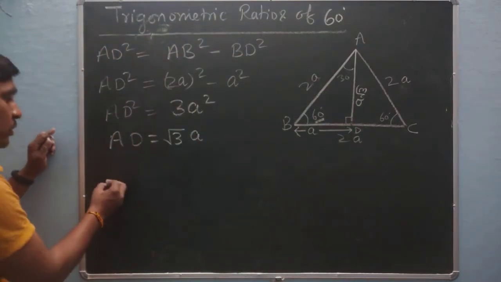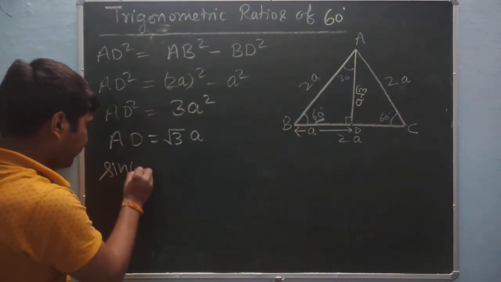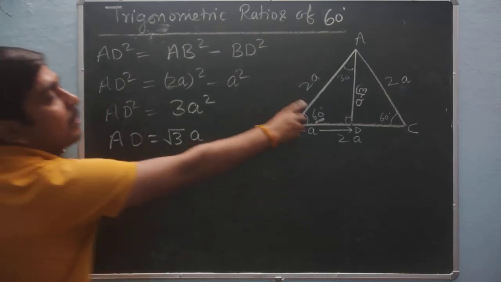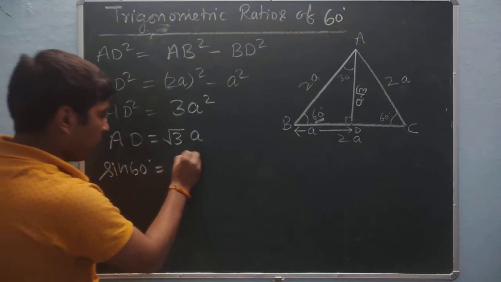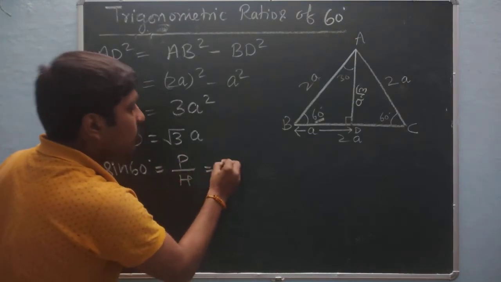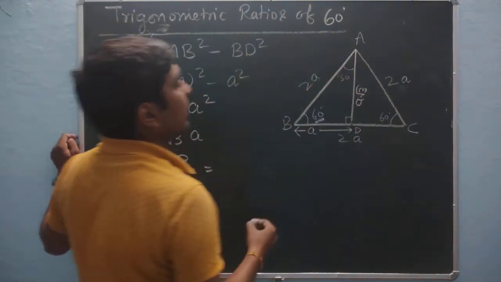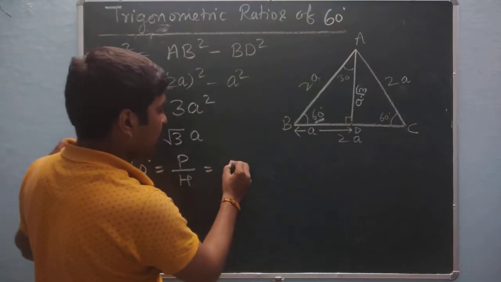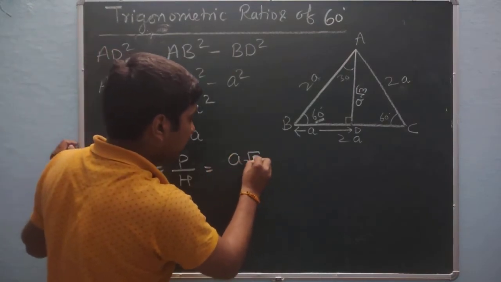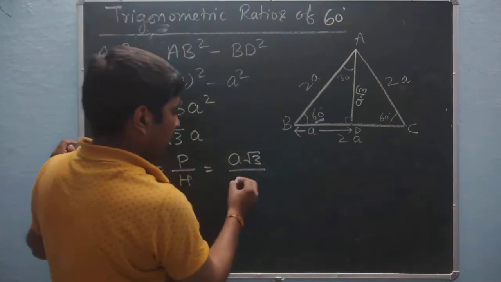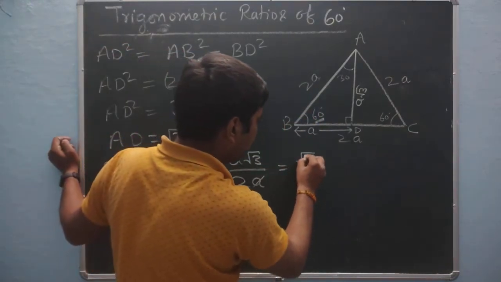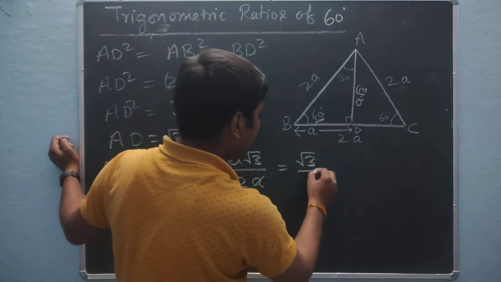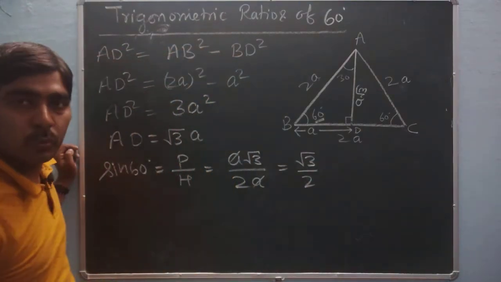So sine 60 will be perpendicular upon hypotenuse, so a root 3 by 2a. So sine 60 will become root 3 by 2.